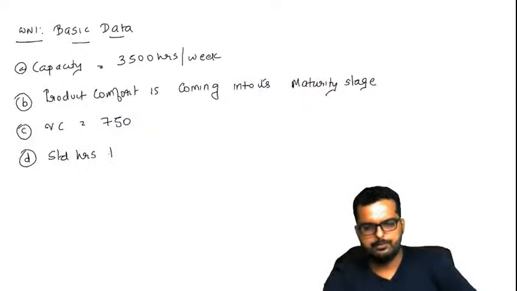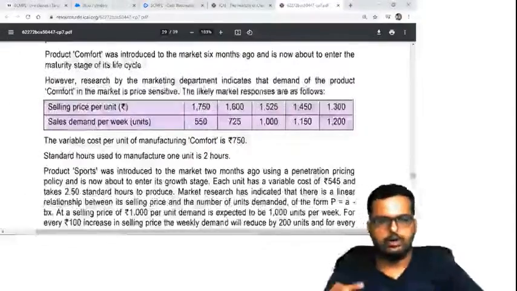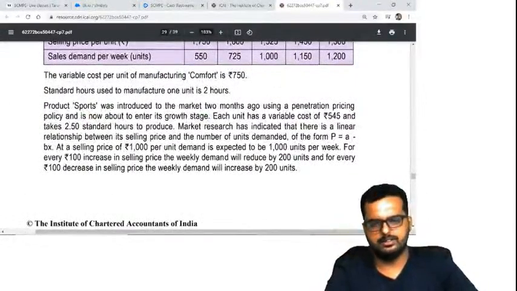Standard hours to manufacture one unit is 2 hours. Standard hours to produce one unit is equal to how many hours? It turns out to be 2 hours. The product sports was introduced 2 months ago using penetration pricing and now is about to enter its growth stage.